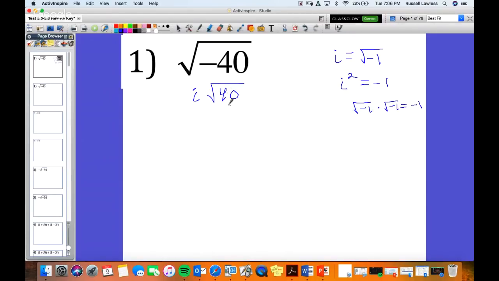One way I can view that is by making a factor tree. I know that 40 is 4 times 10. And does 10 divide out? It does. 10 is 5 and 2. And then 4 is 2 and 2.